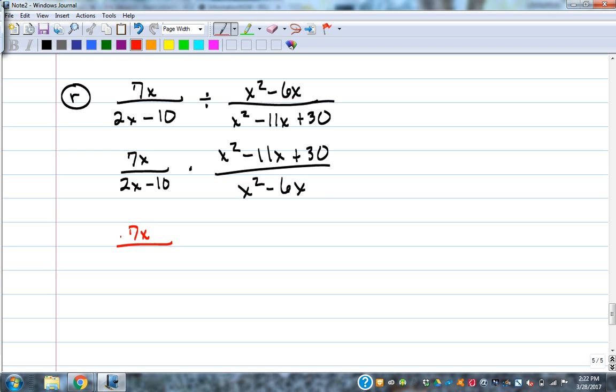What are you doing on the bottom part then? X minus 5, good. Numerator of the second fraction. Good job. Denominator of the second fraction. That's nice.